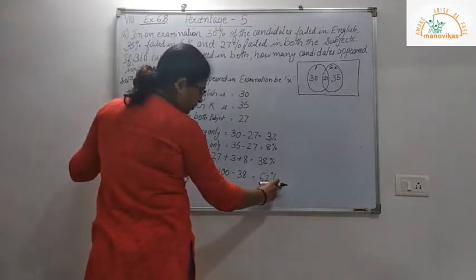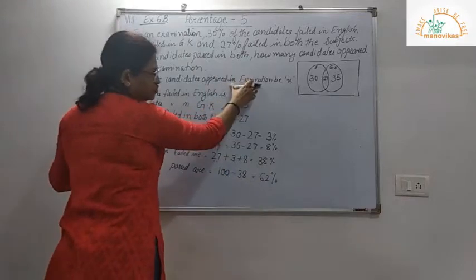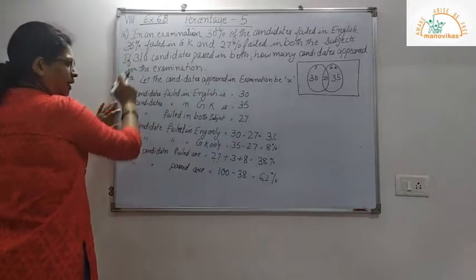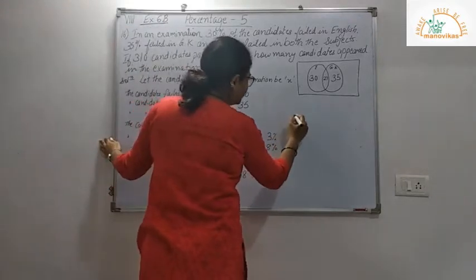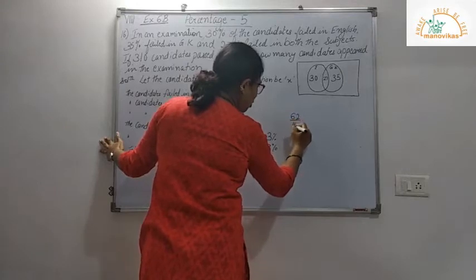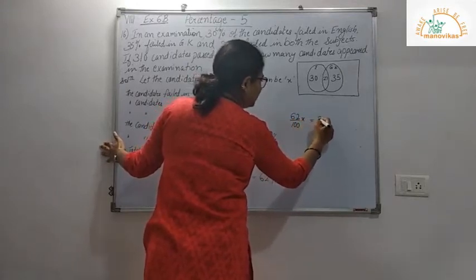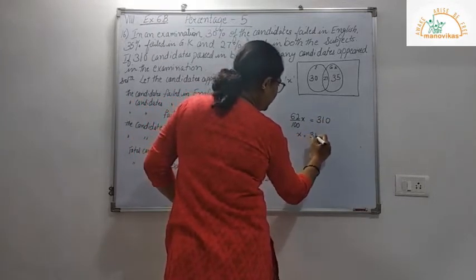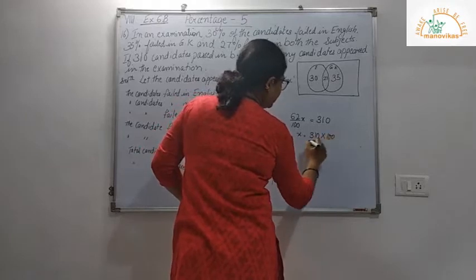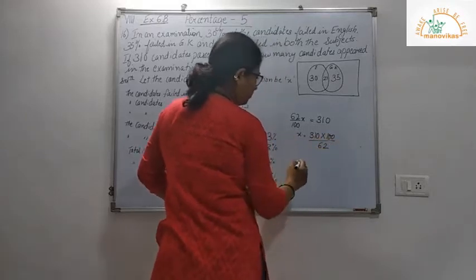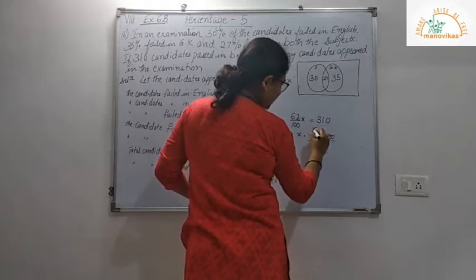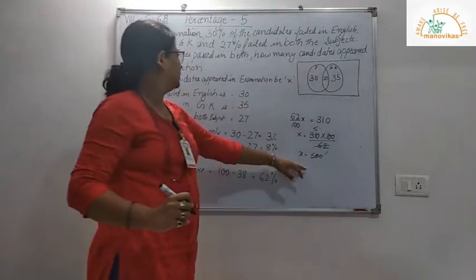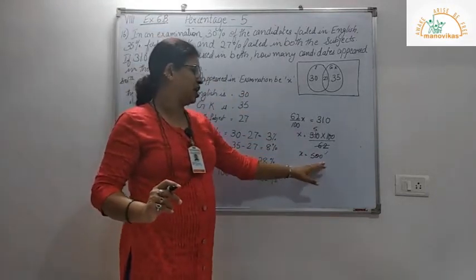So 62% of the total candidates which appeared for the exam, that is X, is equal to 310. So X is equal to 310 into 100 divided by 62. 62 ones are 62, 62 fives are 310, so X is equal to 500. So the total candidates which appeared in the examination are 500.